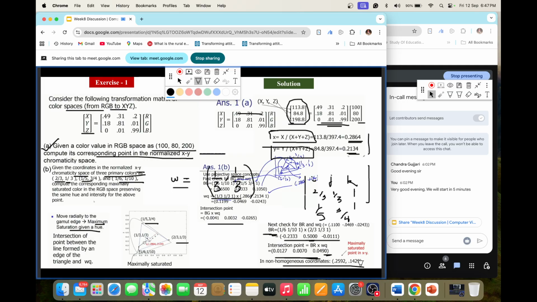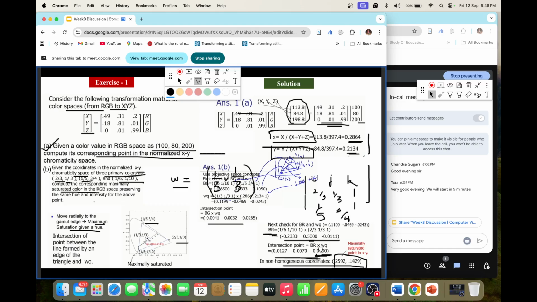So this is our answer, that is the maximally saturated color in the RGB space, given by this coordinate. This is non-homogeneous; by this we get the homogeneous coordinate, that is, for 2 points we are getting 3 points. We always get 1 extra point in homogeneous coordinates.